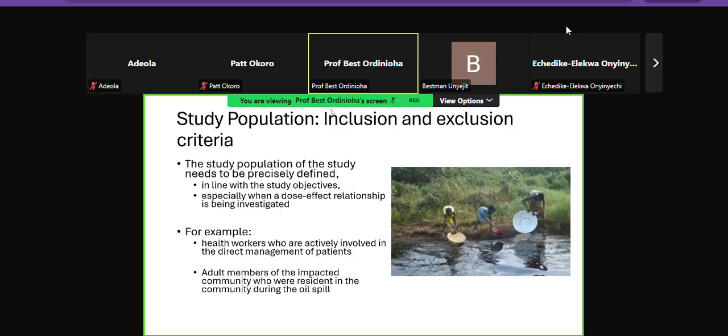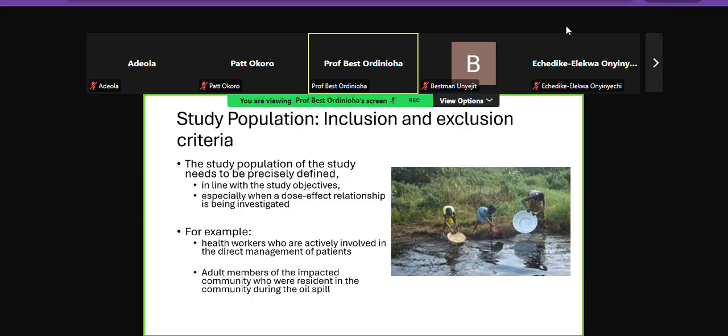Then the other one is the inclusion and exclusion criteria. Inclusion is to precisely define the study population, especially when you suspect that the effect may be dose related.